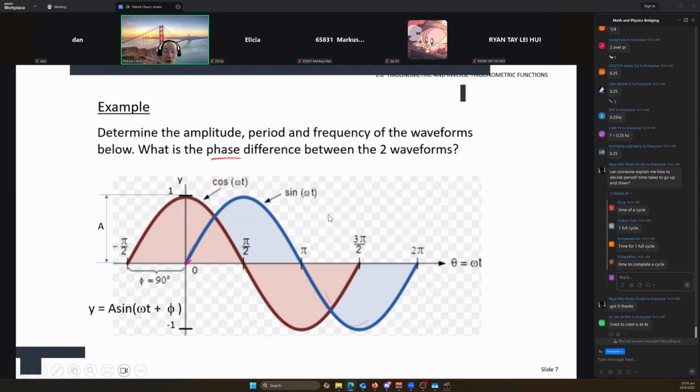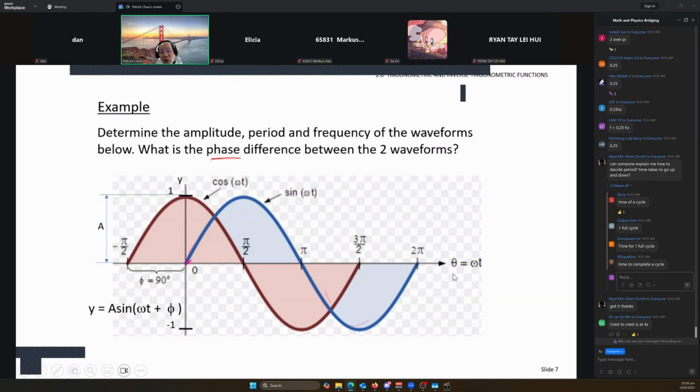So cos omega t, when omega t is 0, which is here, cosine 0 is equal to 1. So this red waveform is a cosine waveform. And the blue waveform is a sine, because when omega t equals 0, sine omega t is 0. All right, so blue is a sine waveform.